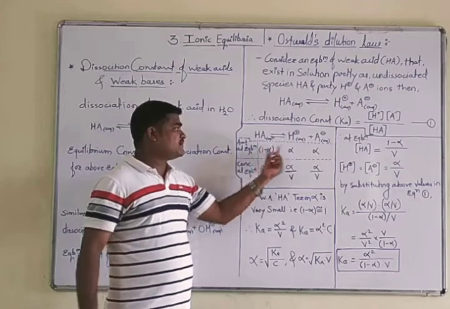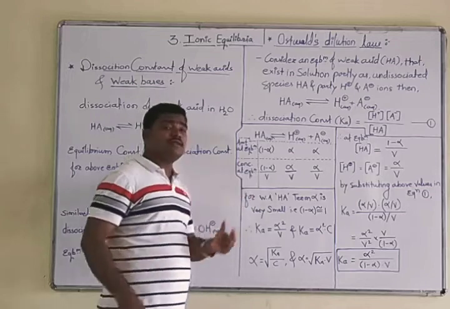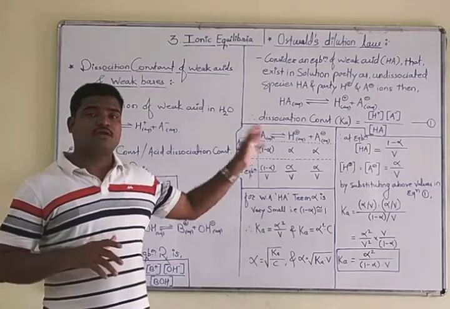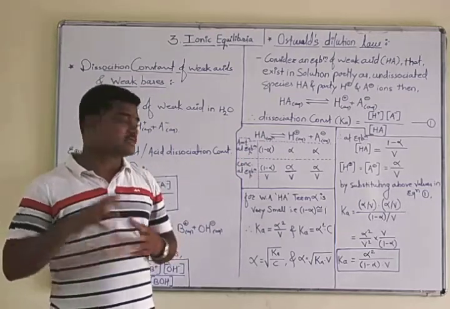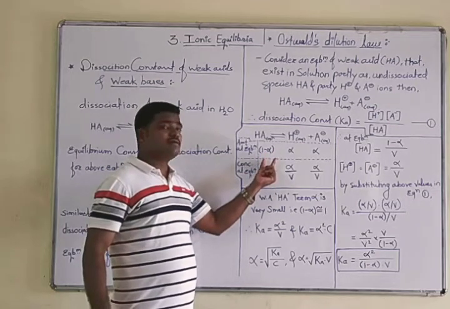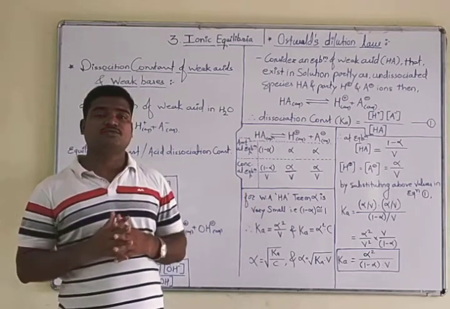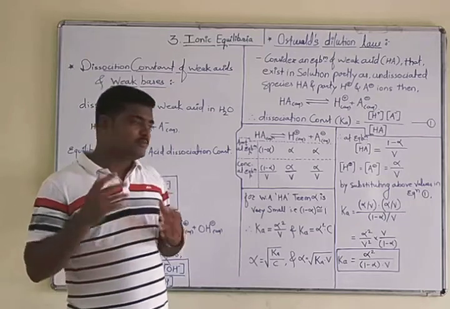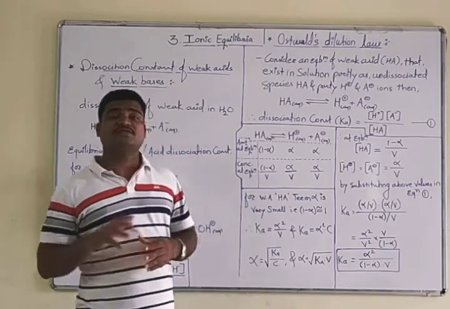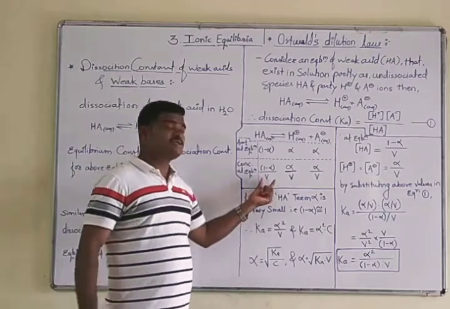After determining all these values, we can determine their concentrations, because for solutions we have to express all these fractions in terms of concentrations. For that purpose I have taken this factor and divided it by V, the volume of solution, and it becomes concentration, because number of moles divided by volume of solution is nothing but concentration, as you know, the simple or basic definition.